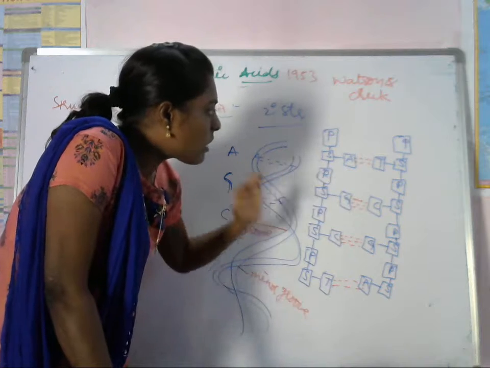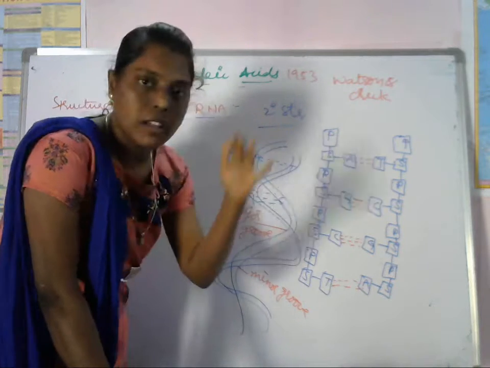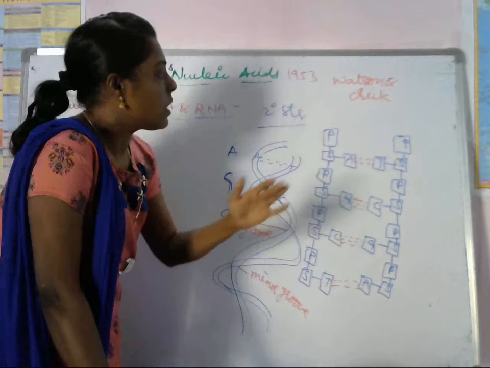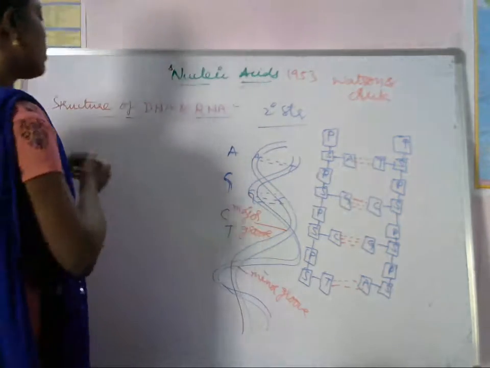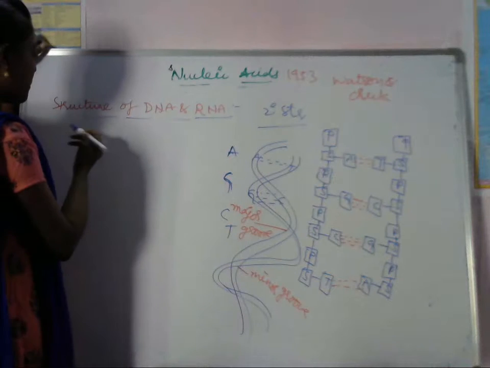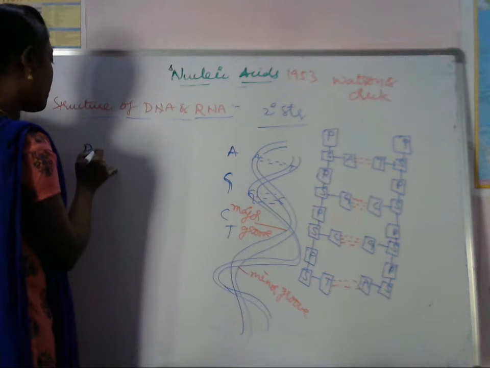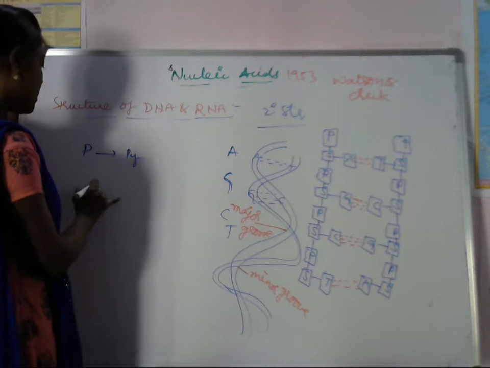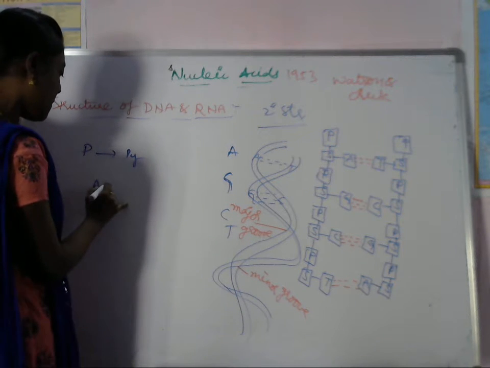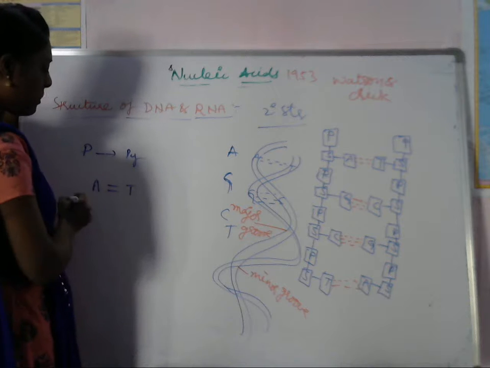These are bonded with the other strand. A is a purine, and purines always form bonds with pyrimidines. So A is bonded with T, thymine.